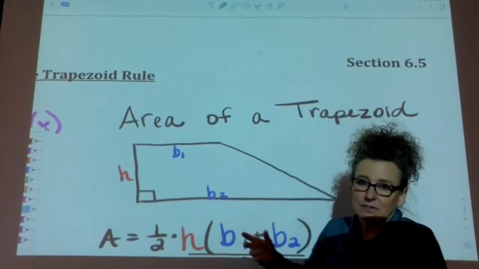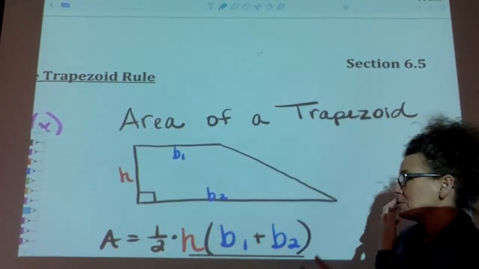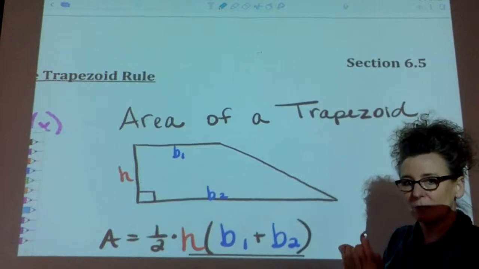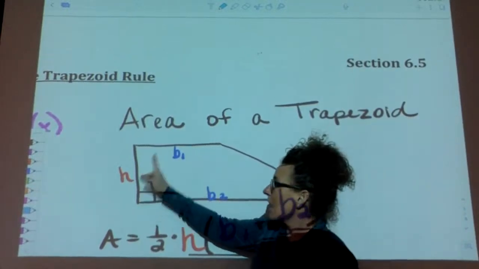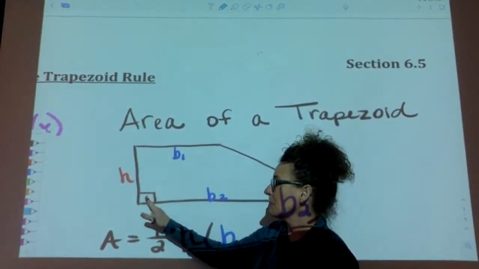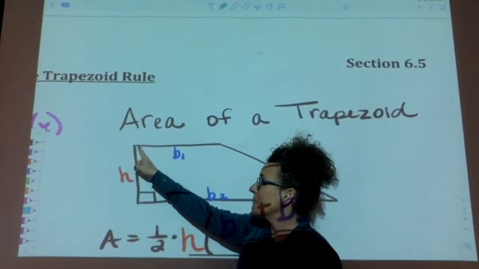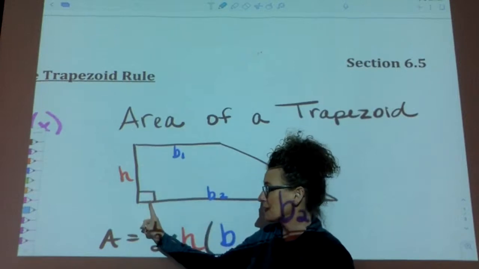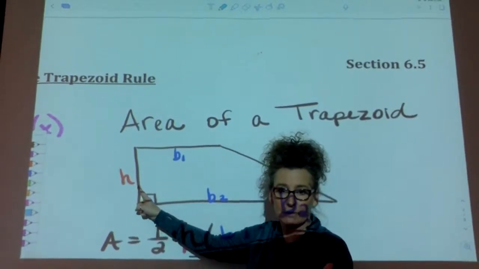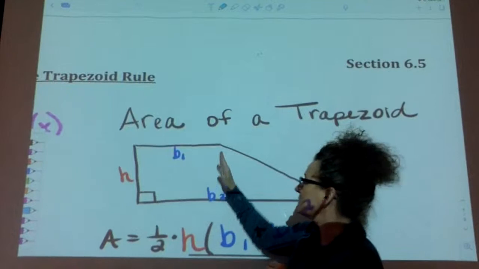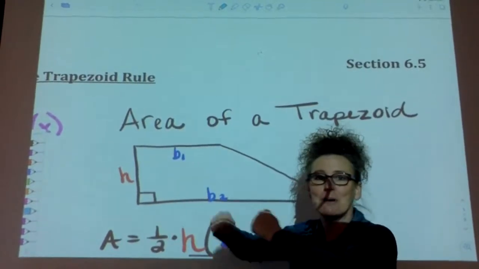I'm drawing a right trapezoid, where I have a pair of parallel lines and a right angle here. What's cool is the segment that joins this base with this base is actually the height of the trapezoid. I don't have to do some funky dotted line through the middle.